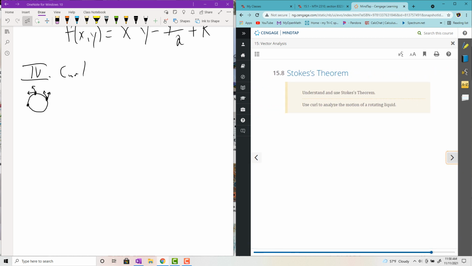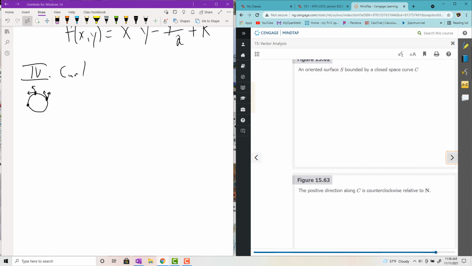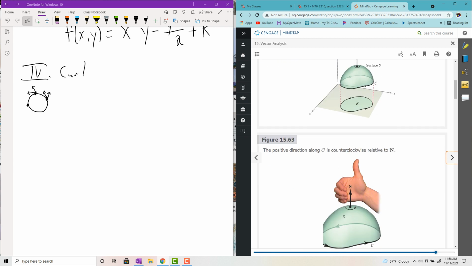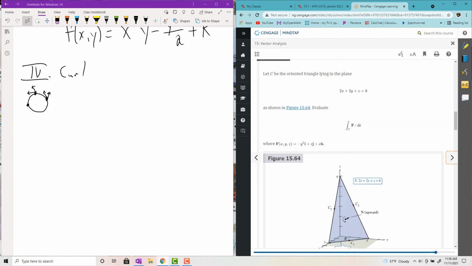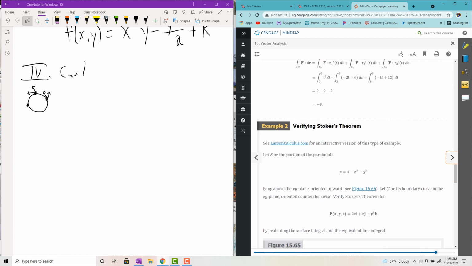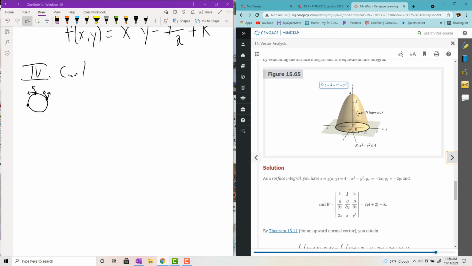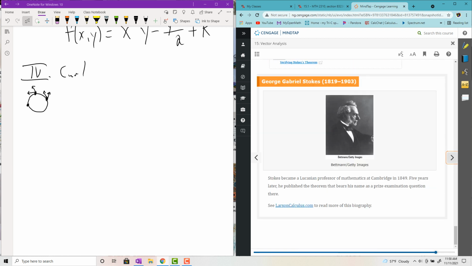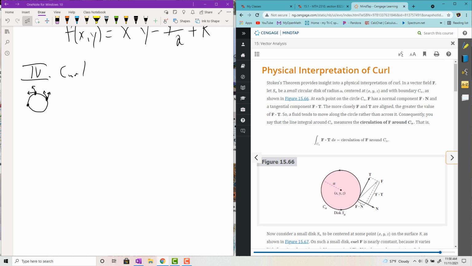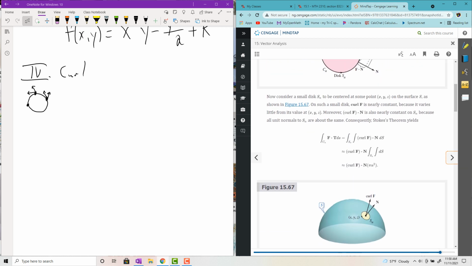Let me get to Stokes' theorem. I believe so, but we'll see eventually. Once we get there, I'll make it more clear. But this physical interpretation of curl is what I was talking about right there.